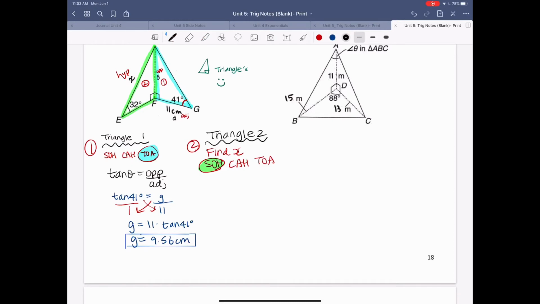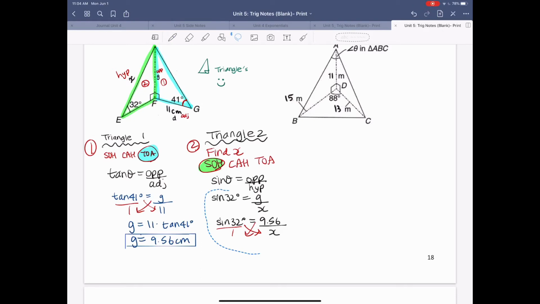I'm going to use SO: sine theta is equal to opposite over hypotenuse. And so sine 32 degrees is equal to opposite, which is G, over hypotenuse, which is x. So sine 32 degrees equals G, which is 9.56 centimeters, divided by x. Let's use cross multiplication to get x by itself. So x sine 32 degrees.